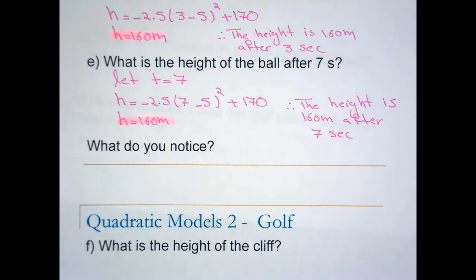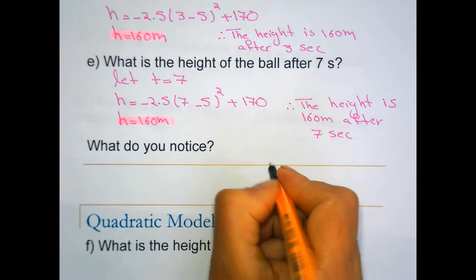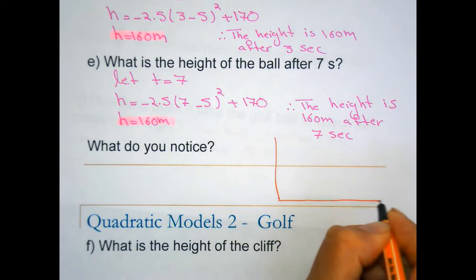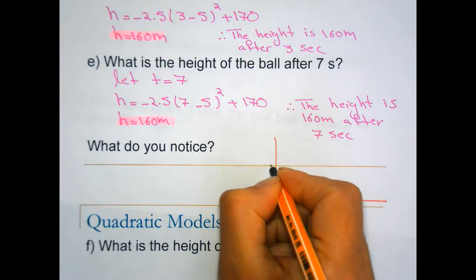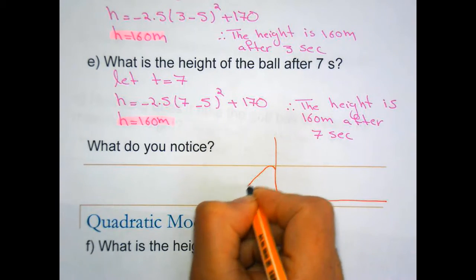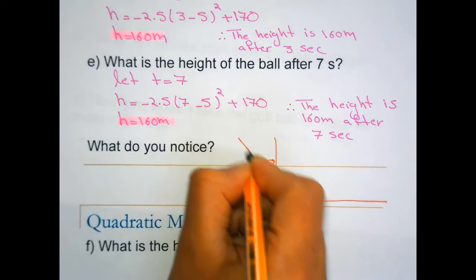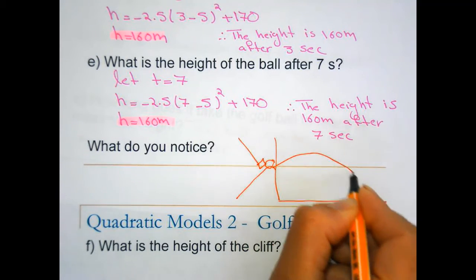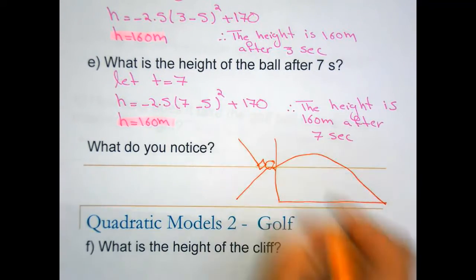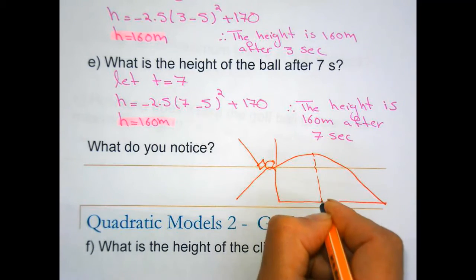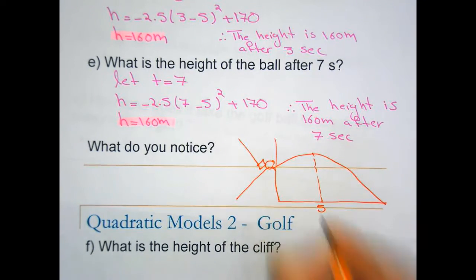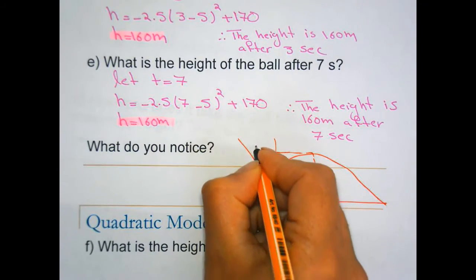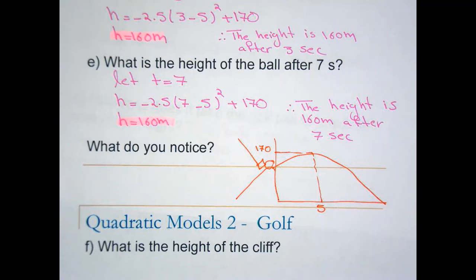So I'm going to do the sketch again here, and I think that will make it more clear to you what's happening. From over the cliff here, we are hitting the ball, and we know at 5 seconds it reaches the maximum height, which is 170.